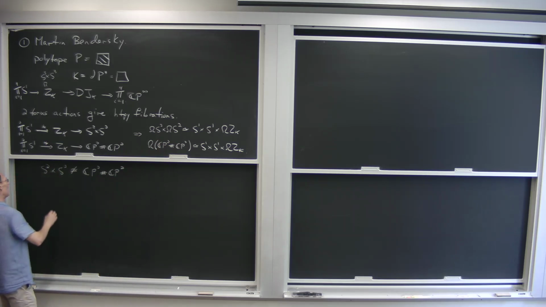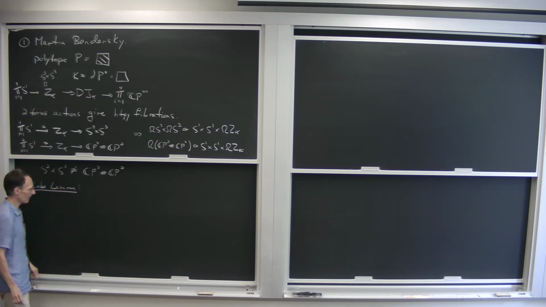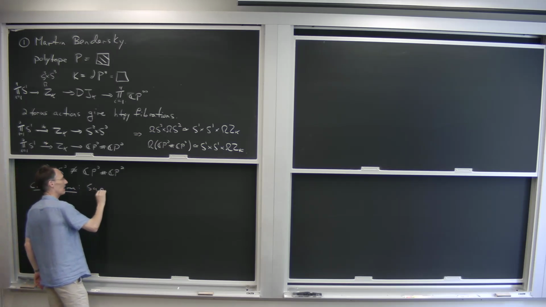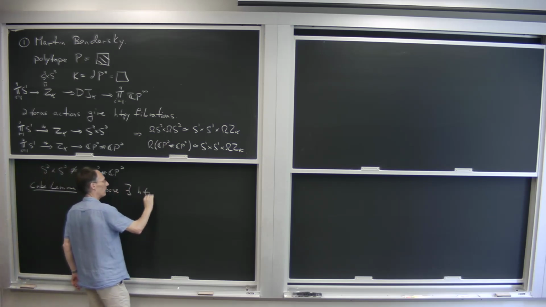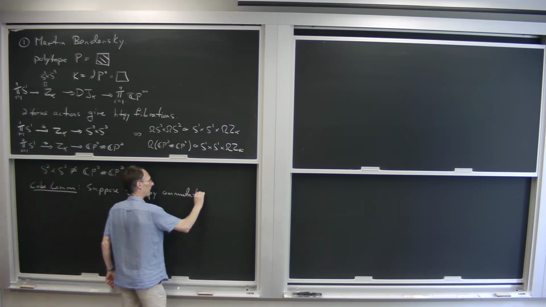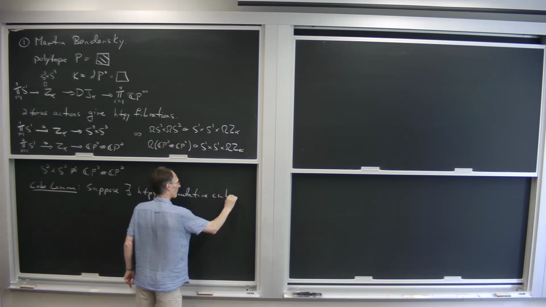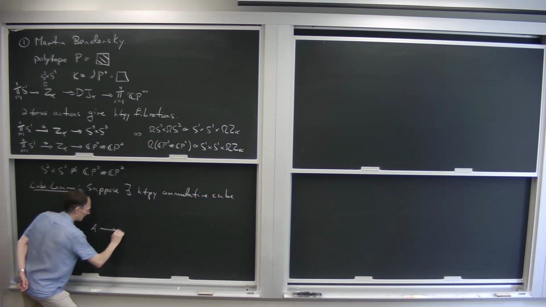So to do this, I have to bring in the cube lemma. All right, so suppose there is a homotopy commutative cube.